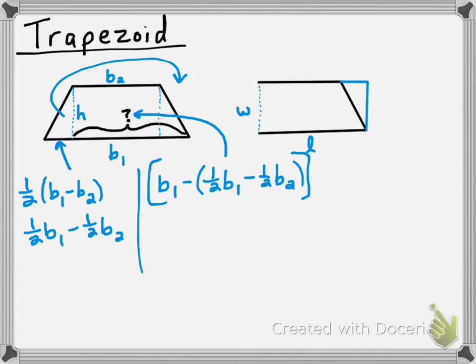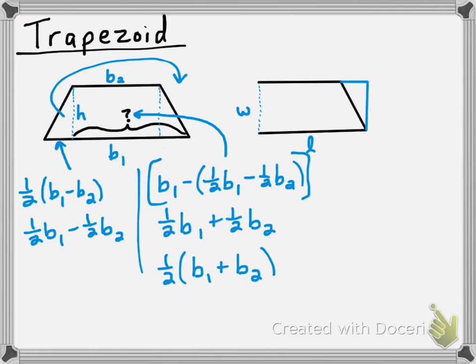That's what I need. So when I subtract, B1 minus half of B1 is just half of B1. And then B1 minus negative half of B2, minus a negative is plus 1/2 B2. Now I notice that I have the halves in common, so I can go ahead and take 1/2 out.